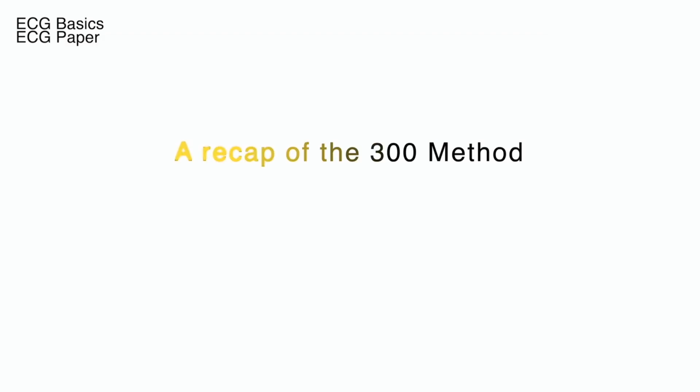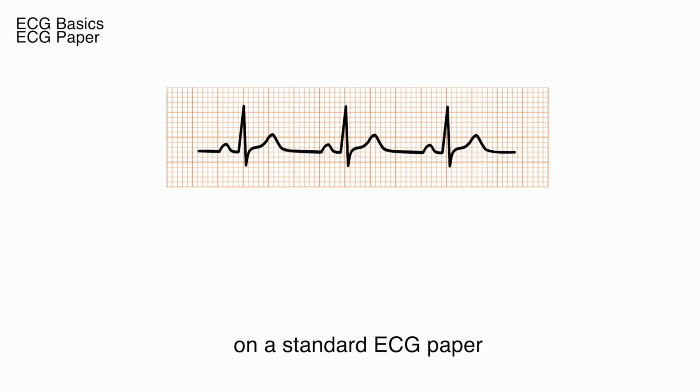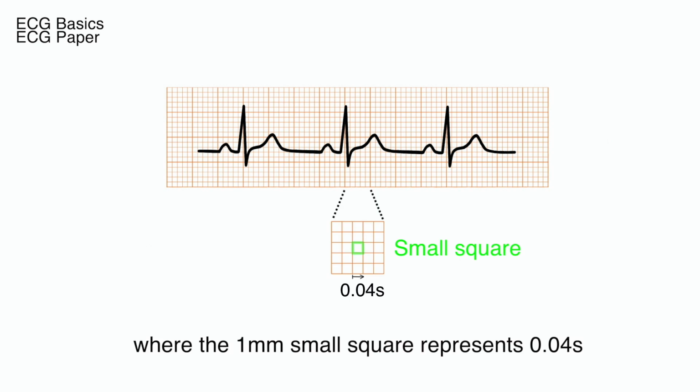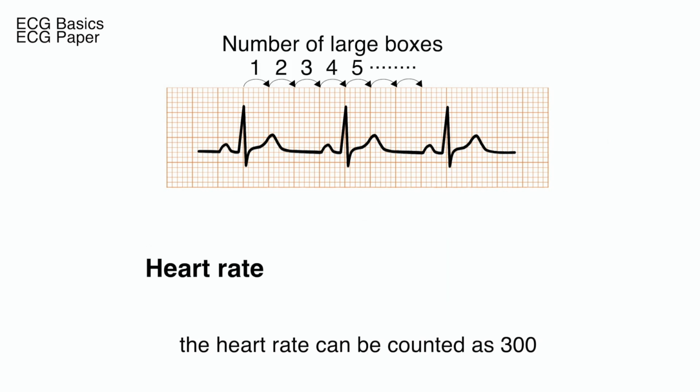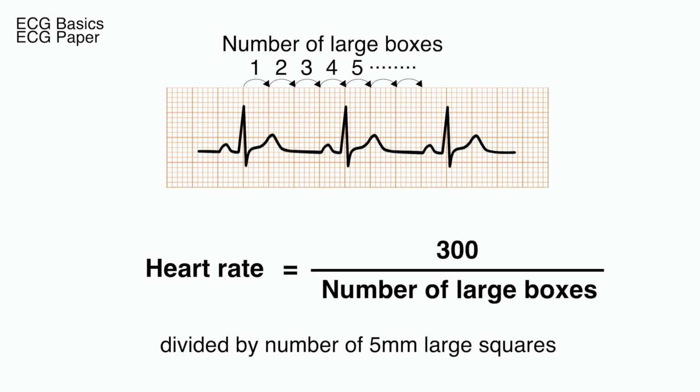A recap of the 300 method: on a standard ECG paper where the 1 mm small square represents 0.04 seconds, the heart rate can be counted as 300 divided by the number of 5 mm large squares between 2 QRS complexes.